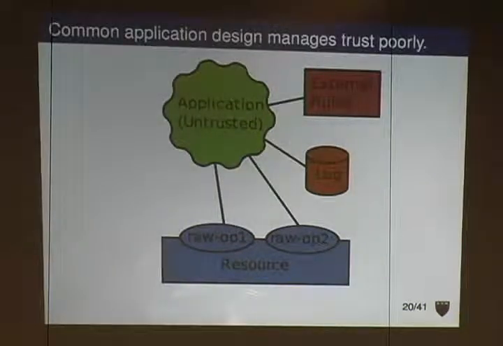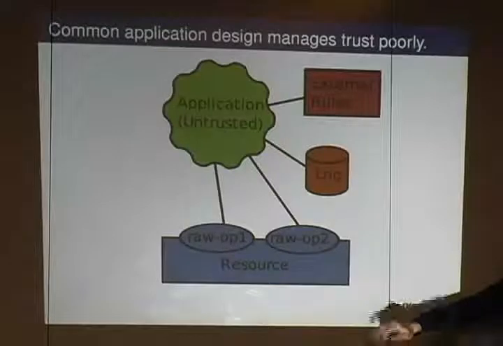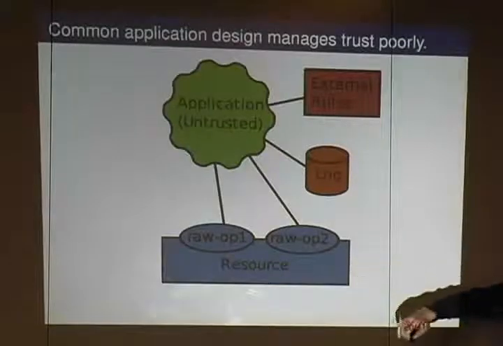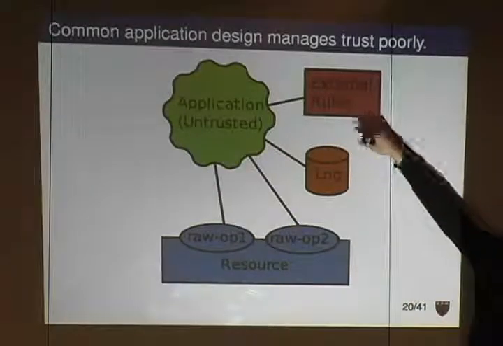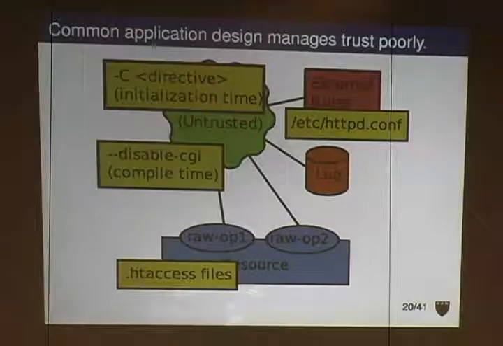So here I have a very rough schematic diagram. If you squint, you can see the Apache web server. A conventional piece of software has a bunch of stuff. In Apache, we've got the main application. It does some logging. It talks to the web and to the disk, to some resources. And it's configured by these .conf files that are all over the place.